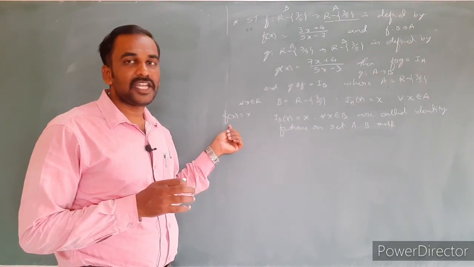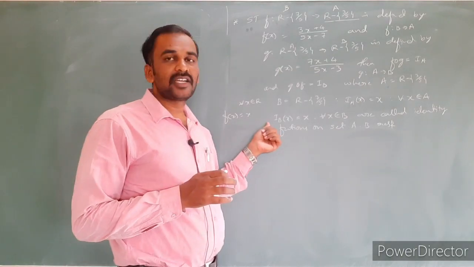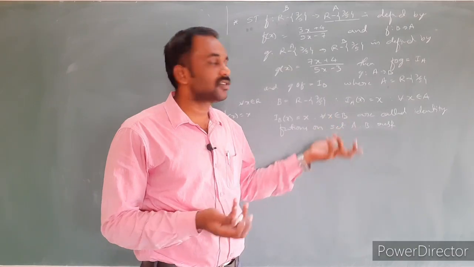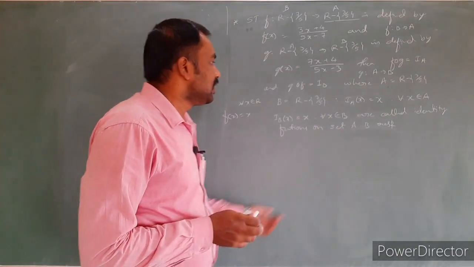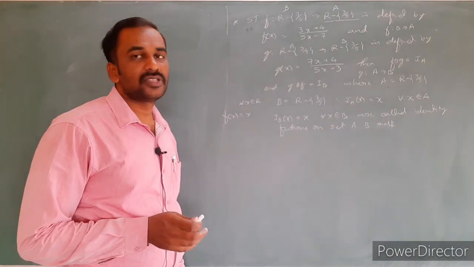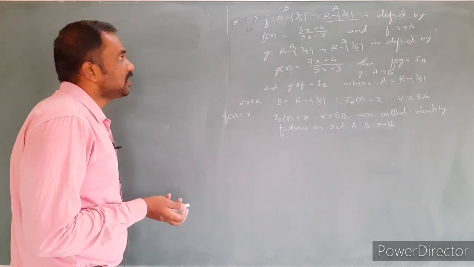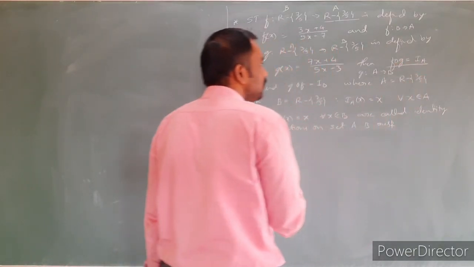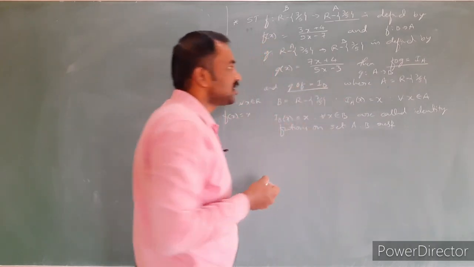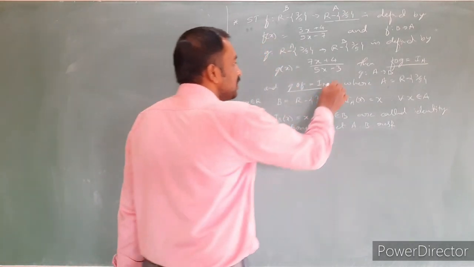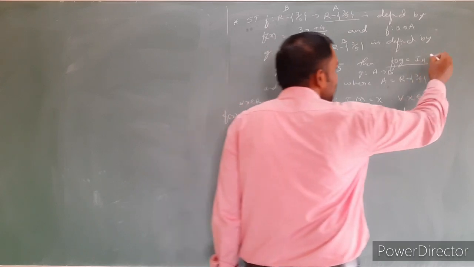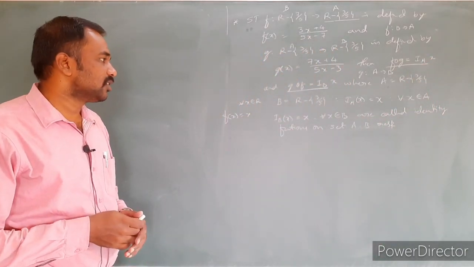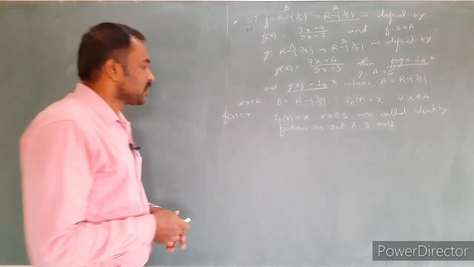There I gave it the name f(x), but here they are given as I_A and I_B, the identity functions on the sets A and B. So what we need to prove is f circle g equals I_A and g circle f equals I_B. That means we have to get x as the identity function. Proceed, nothing to worry.